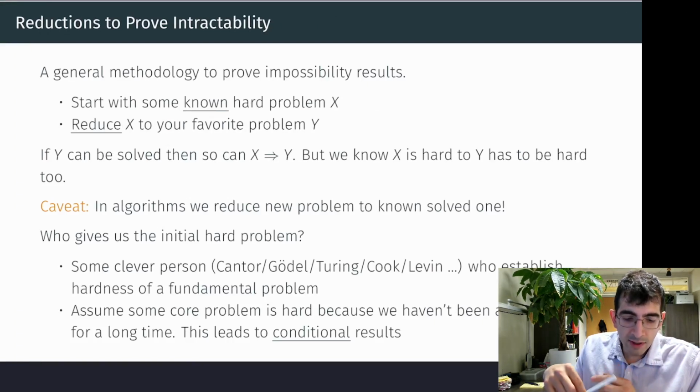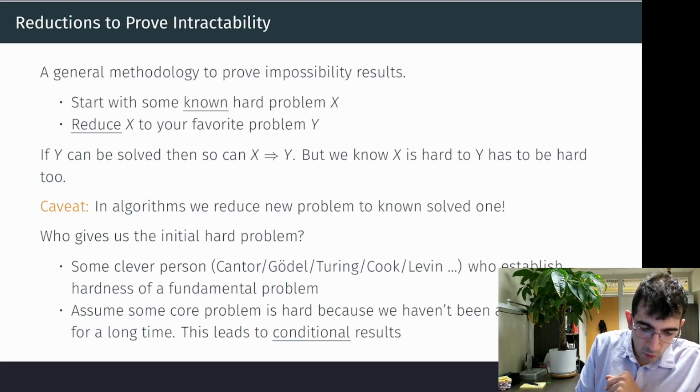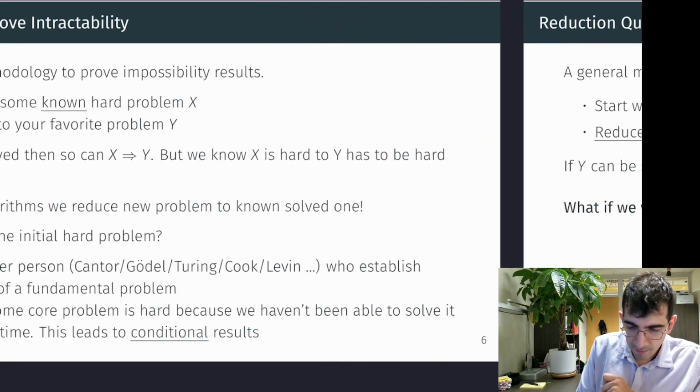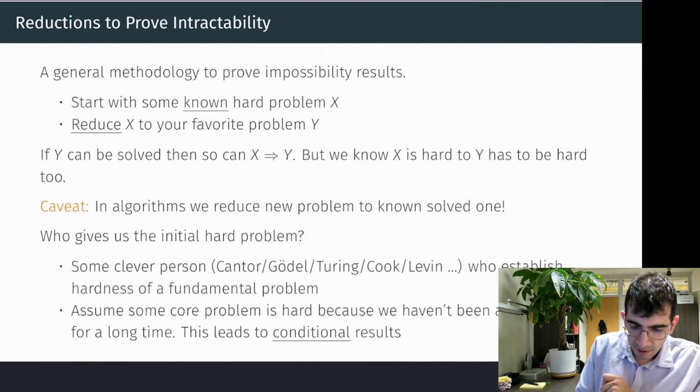The general idea behind using a problem to show hardness is to start with a hard problem, say x, and reduce it to your favorite problem y. What does a reduction look like?